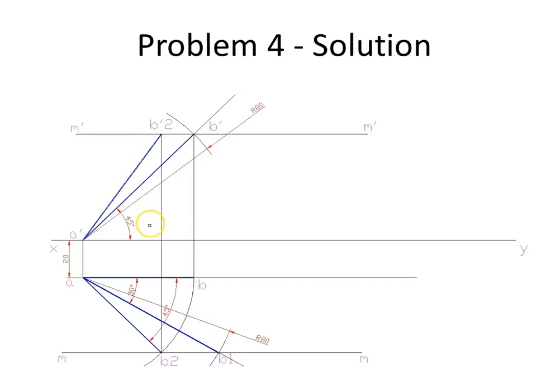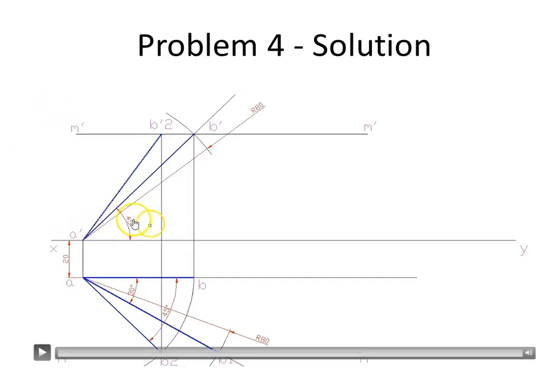The inclination which we have shown for AB2 actually is the inclination of the projection AB2 with the XY line, whereas the inclination 30 degrees is actually the true inclination of the line with the VP, and similarly 45 degrees shown here actually is the inclination of the line with HP.